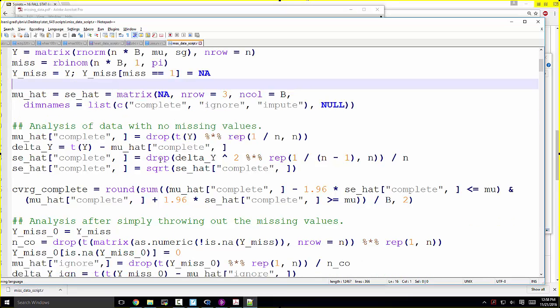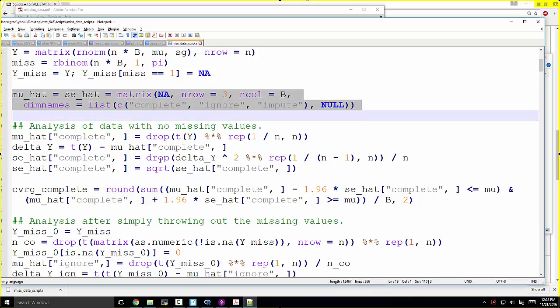So here's what I'm going to do. We're going to compute an estimate of the mean and an estimate of the standard deviation of the mean estimate, so the standard error of the sample mean, according to 3 different approaches. The first is we're going to use the complete data.